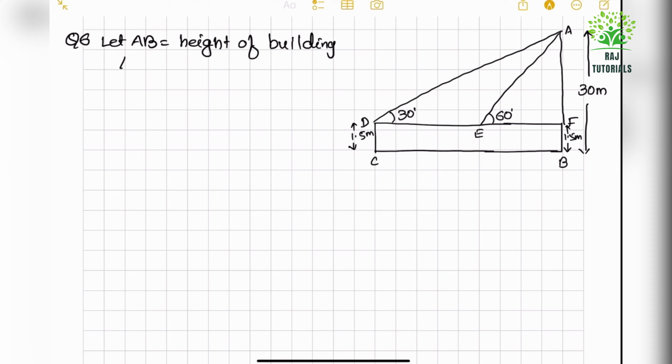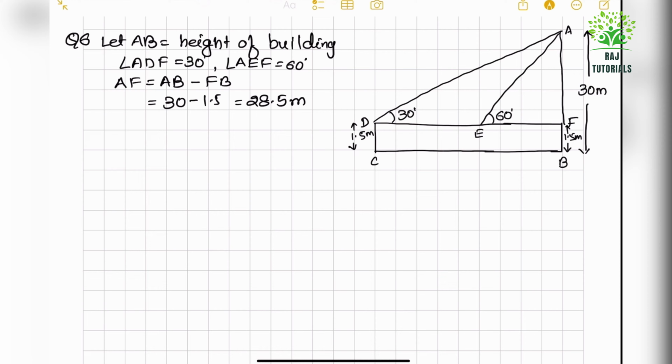So here let us take AB as height of building, and angle ADF is 30 degree and angle AEF equal to 60 degree. Also AF equal to AB minus FB, that is 30 minus 1.5. So that will be equal to 28.5 meter.